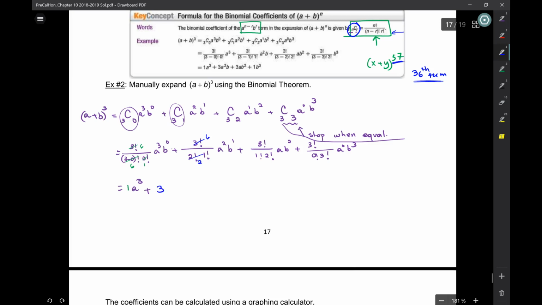So that's a 3, a squared b, plus 6 over 2 factorial is 2, so 3, a b squared, plus 3 factorial is 6, over 3 factorial is 6, so that's a 1, b cubed. So finally, that's a cubed plus 3a squared b plus 3ab squared plus b cubed.